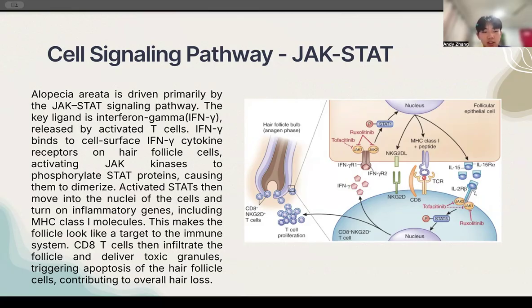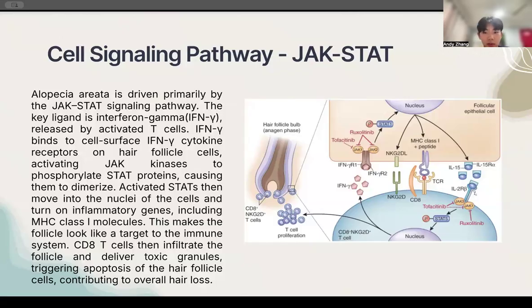This will cause the CD8 T cells to then infiltrate the follicle and deliver toxic granules to the hair follicle, triggering apoptosis of the hair follicle cells, contributing to overall hair loss, which is why alopecia patients often exhibit hair loss.